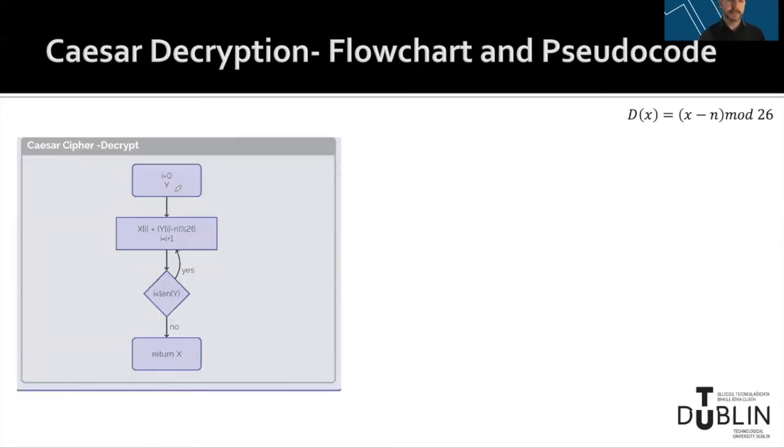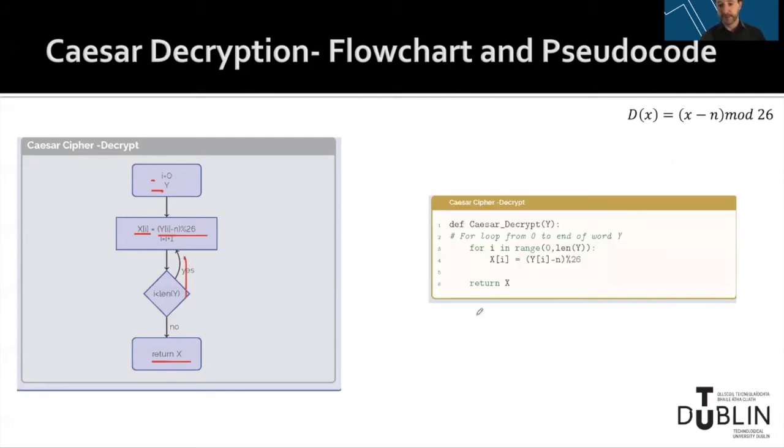Similarly, to decrypt, i is equal to 0, you run your way through y to get the decrypted form, and it returns x, and it loops its way through the whole word. Similarly here. And so the only thing you need to encrypt or decrypt is n. You just have to know how far the shift is.